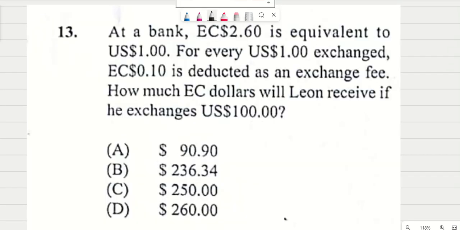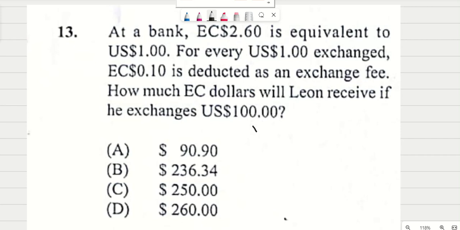Let's look at the next question. Number 13 says, at a bank, EC $2.60 is equivalent to 1 US. For every US exchange, EC 10 cents is deducted as an exchange fee. How much EC will Leon receive if he exchanges 100 US? Now, first off, this exchange rate will change because they're deducting 10 cents.